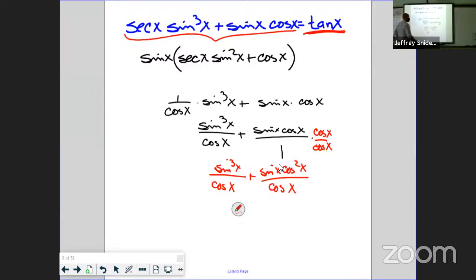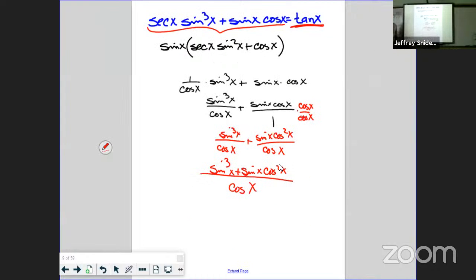What do I get in the numerator, guys? Sine cubed x plus sine x cosine squared x over cosine x. Oh my goodness, I'm a happy boy right now.